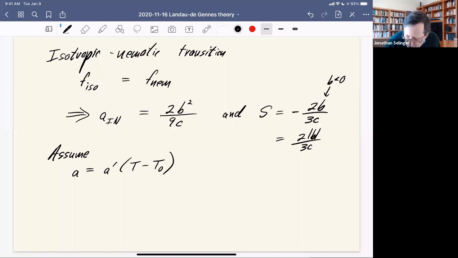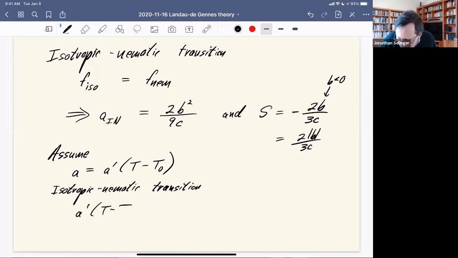And then the isotropic nematic transition will occur at A prime times T minus T0 equal to 2B squared over 9C.